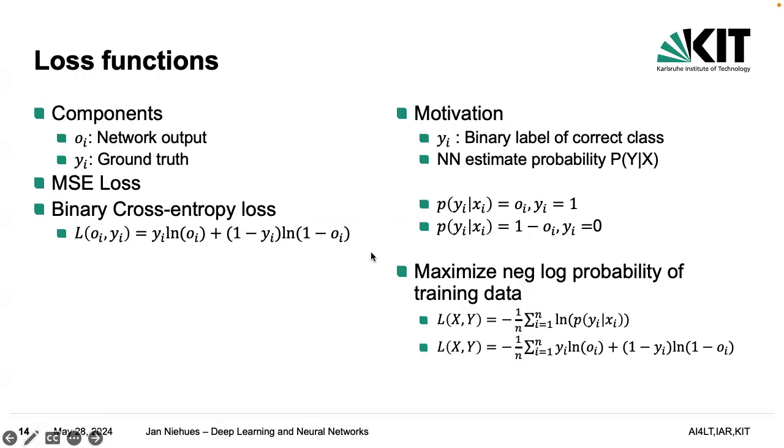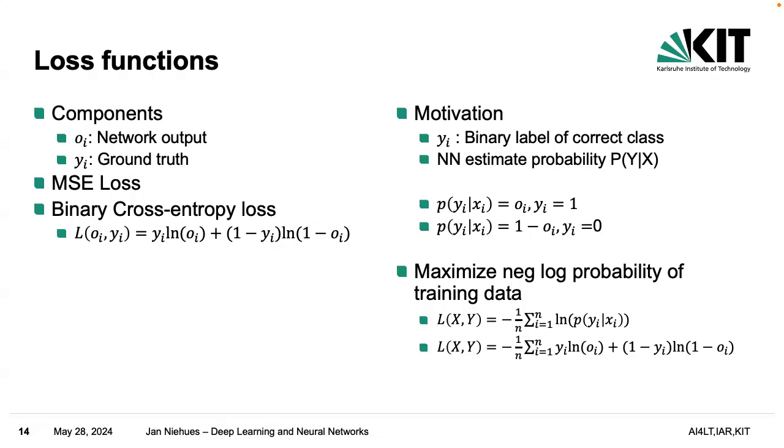Again, the idea is we check what our reference is. If our reference is true, then we're trying to get the probability as high as possible. If it's 0, we're trying to get the probability as low as possible. By training this way, what you're doing in your neural network is trying to maximize the probability of your training data.